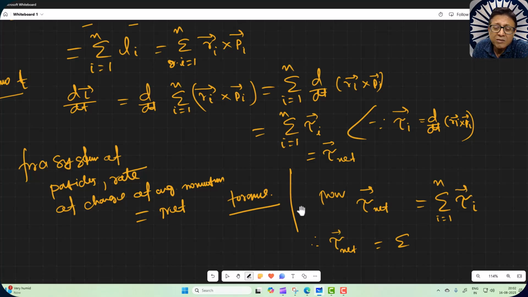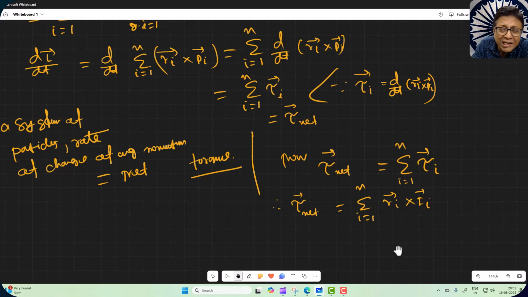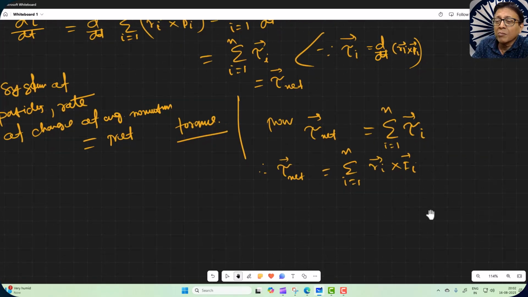Now tau net is going to be what? Ri cross Fi, i equal to 1 to n. This Fi is what? We can say internal, external, no problem. But Fi is not only internal, not only external. Now Fi is Fi internal plus Fi external.